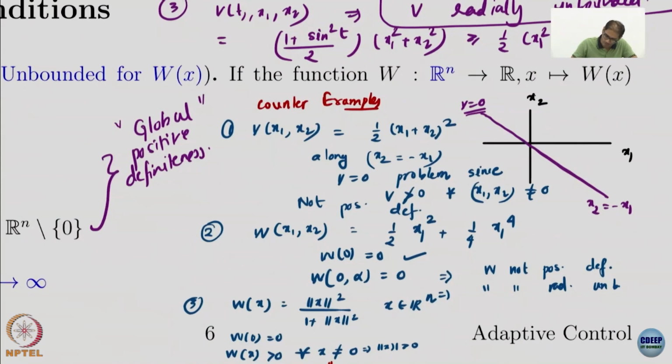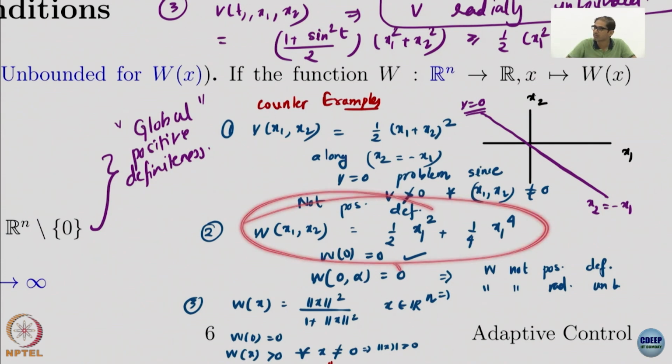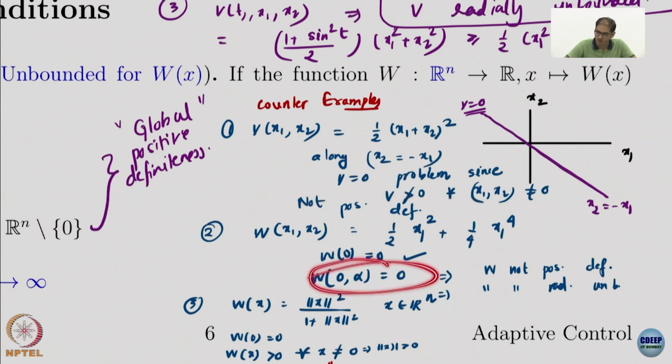If I take points of the form where x1 is 0, basically along the y axis, I take anything, and this function is exactly 0, again 0 for non-zero values. So it is not positive definite. State being 0 means every element has to be 0. So this is a non-zero state, (0, alpha), and it evaluates to 0. So these are counterexamples.